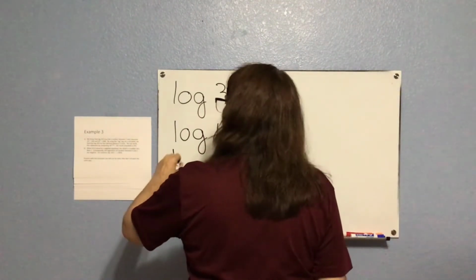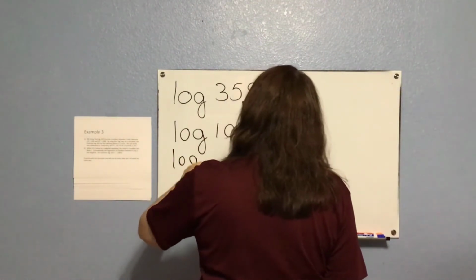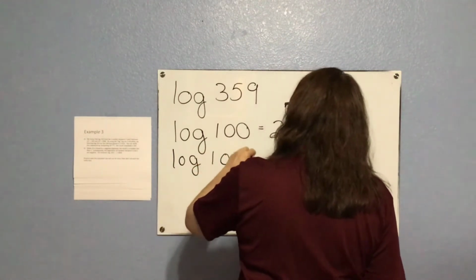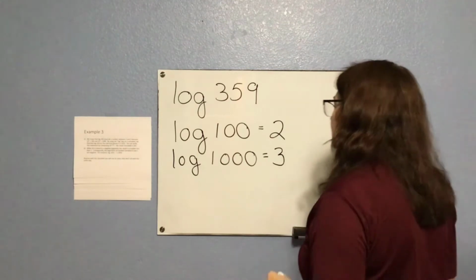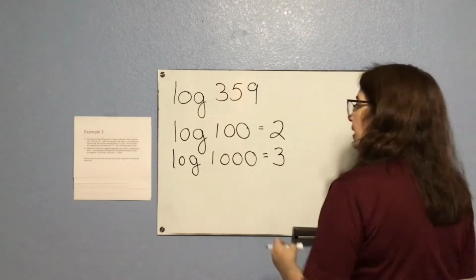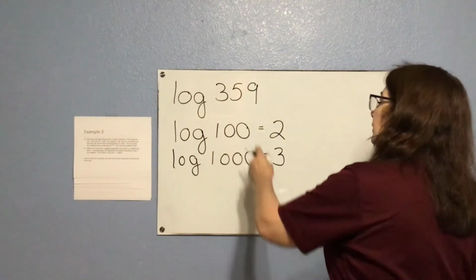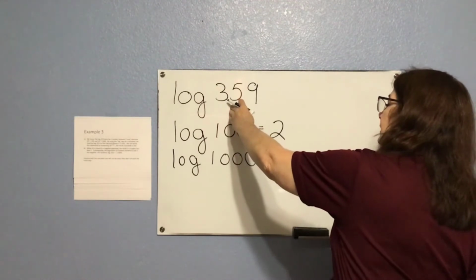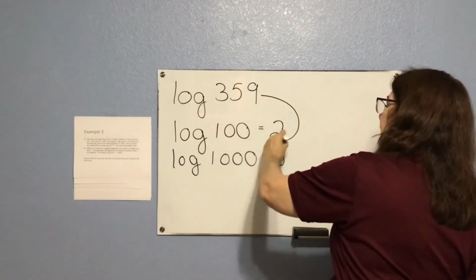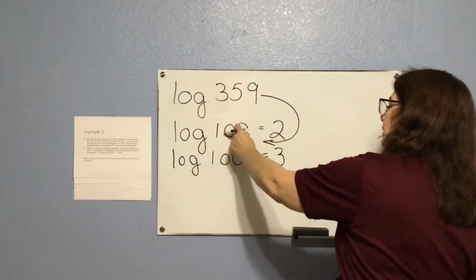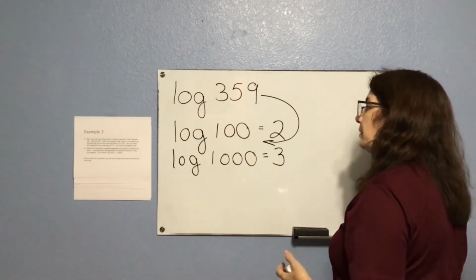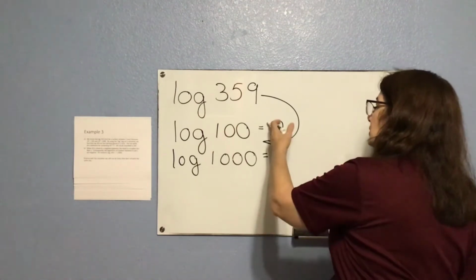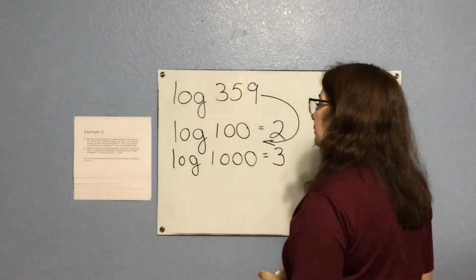And I know that the logarithm of 1000 is 3 because 10 cubed gives me 1000. So if I want the logarithm of 359, I can see that that's in between 100 and 1000. So I would expect the logarithm to be in between 2 and 3.